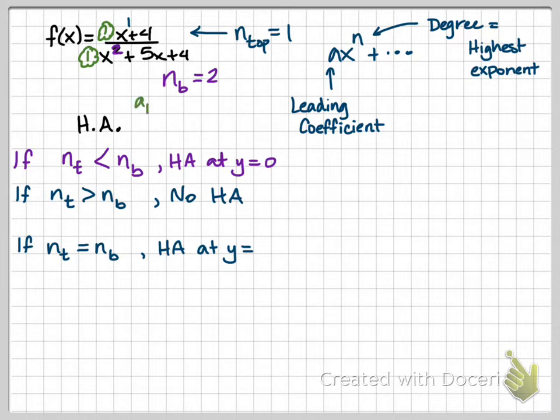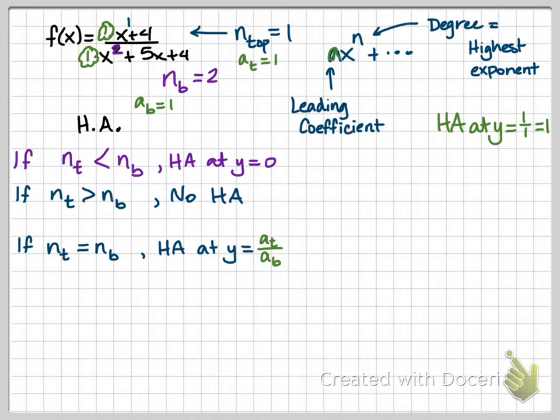So a of the bottom is 1, and a of the top is also 1. Remember, that's our leading coefficient, a times x to the n. So if the degrees are equal, your horizontal asymptote is at y equals a of the top over a of the bottom. So in our case, this has a horizontal asymptote at y equals 1 over 1, or just 1.